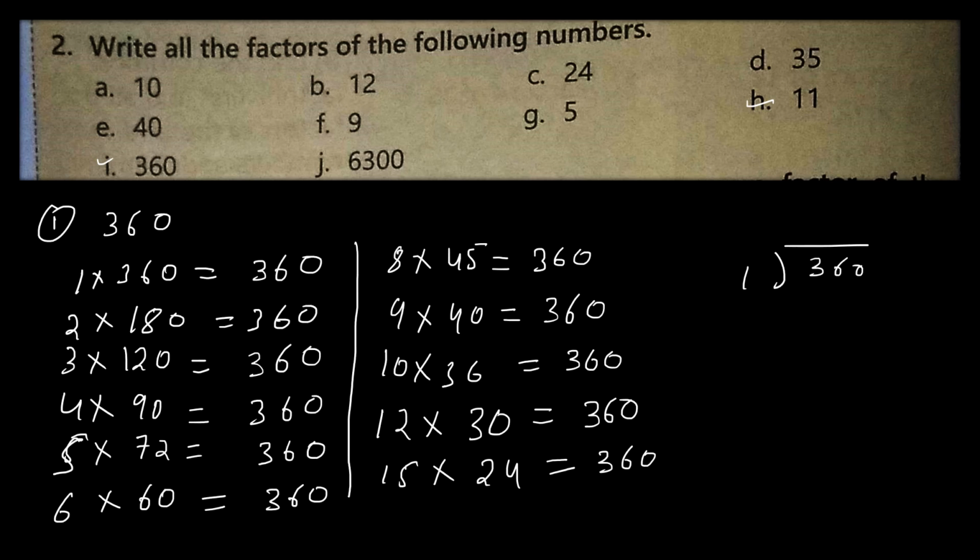So 16 2 is 32. 4 will come down, 0. Again, 16 3 is how much? 16 3 is 48. Not possible. So 16 2 is 32, 8. Not possible. Now we will try by 17.